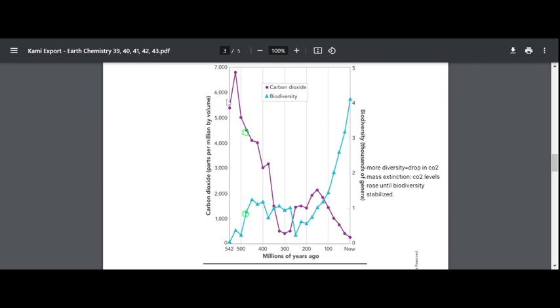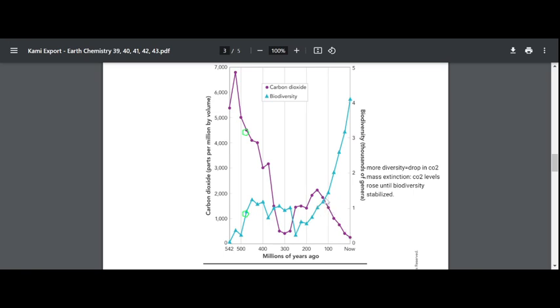So again, in purple, we see carbon dioxide. And then the blue represents biodiversity. Okay? So the main thing that you want to get out of this is that when there is more diversity, like there is right here, there is a drop in CO2.